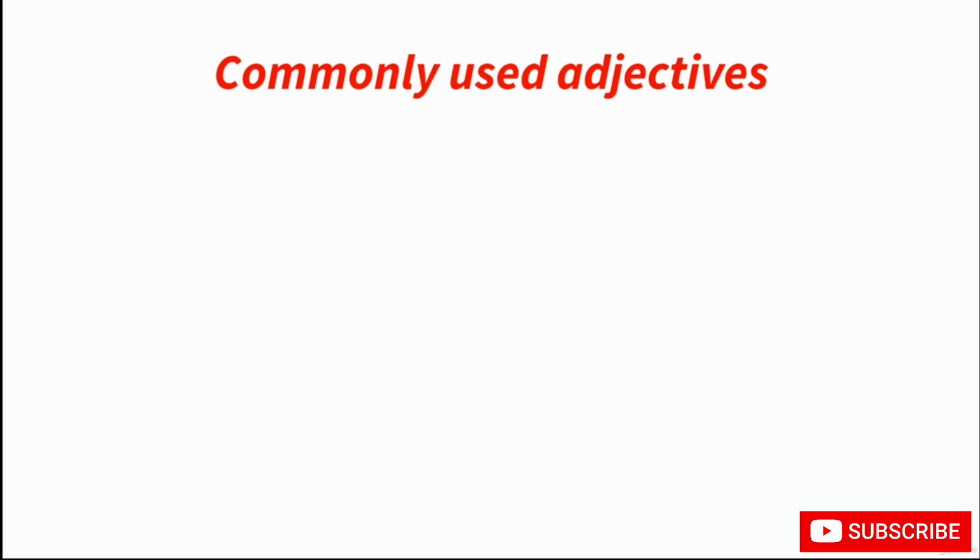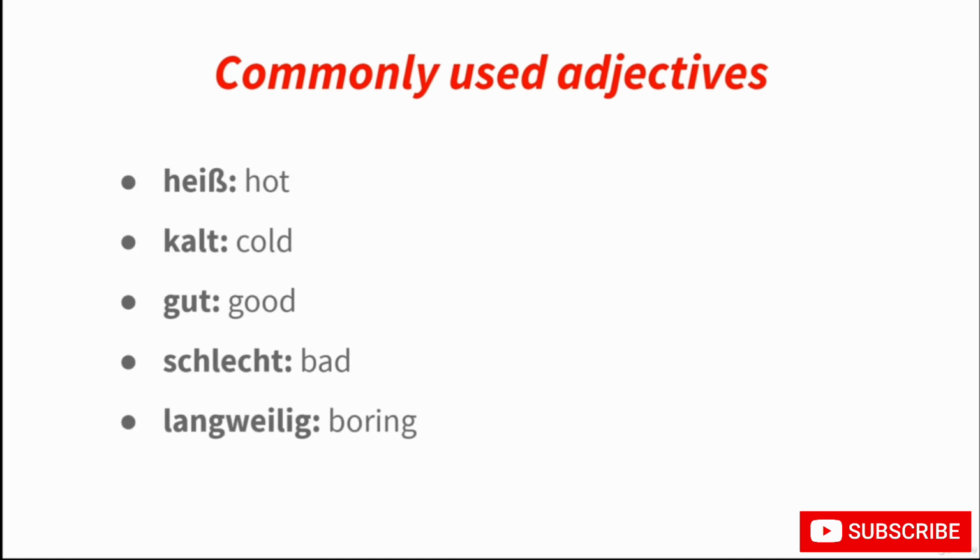Let's take a look at first the commonly used adjectives to express feelings in German. Heiß, hot, kalt, cold, gut, good, schlecht, bad, langweilig, boring.